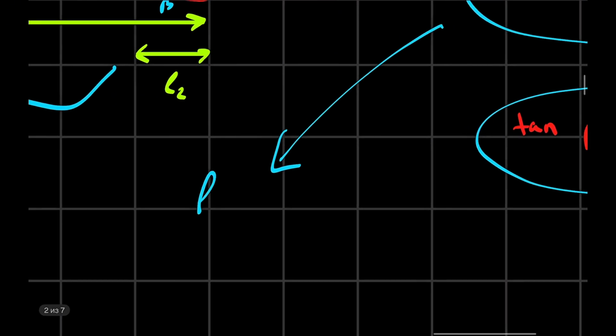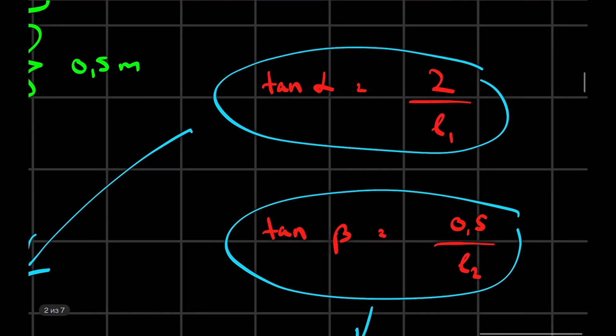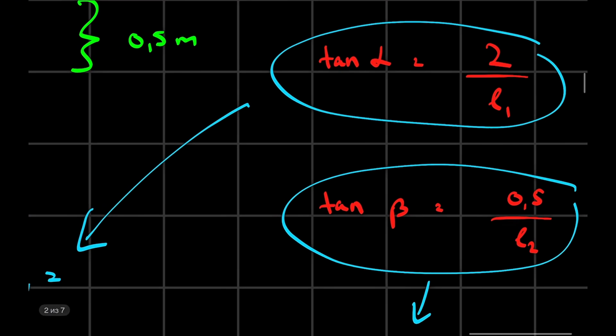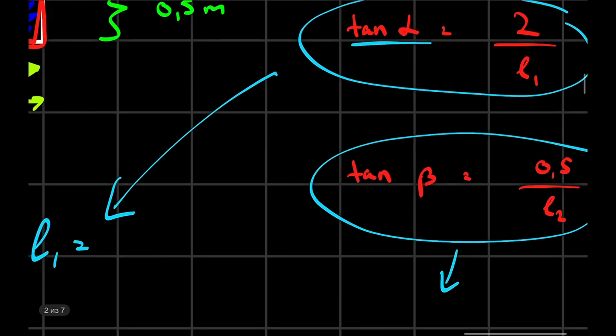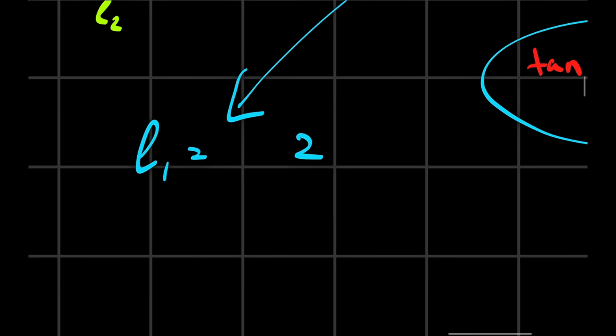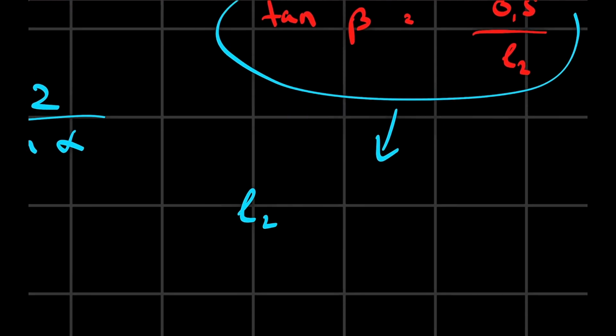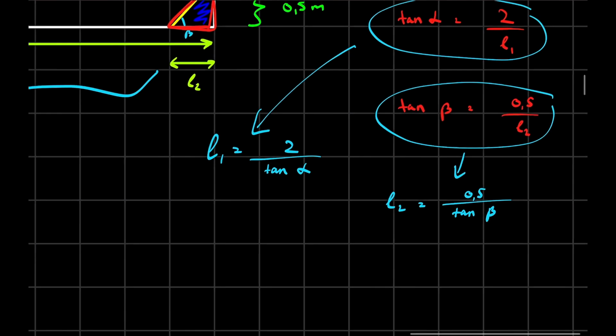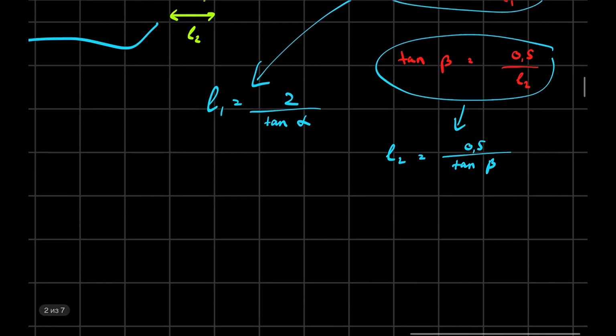It must be something like L1 equals 2 divided by tangent alpha, because it's just a simple proportion. Here you have 1, and you just cross-multiply. So it would be 2 divided by tangent alpha. For L2, it's the same thing, 0.5 divided by tangent beta. Okay, but we know what tangent alpha is, and we know what tangent beta is.